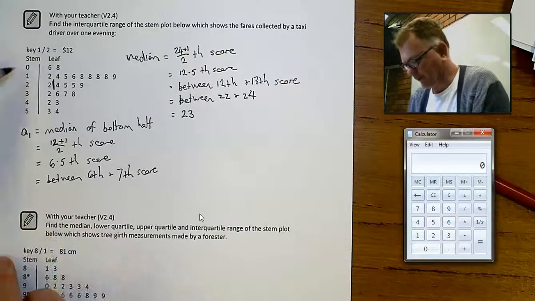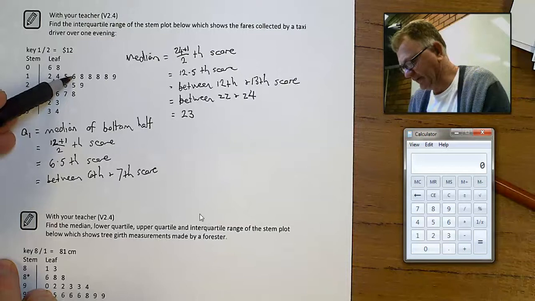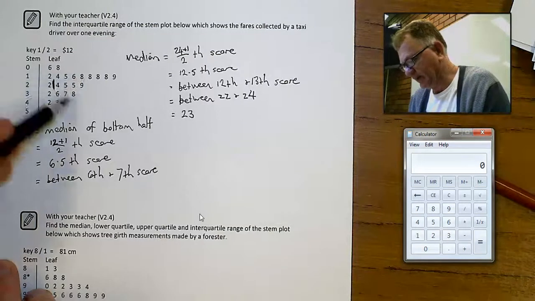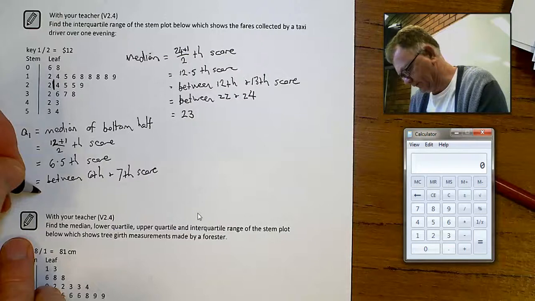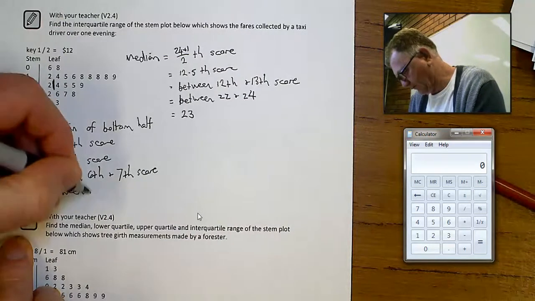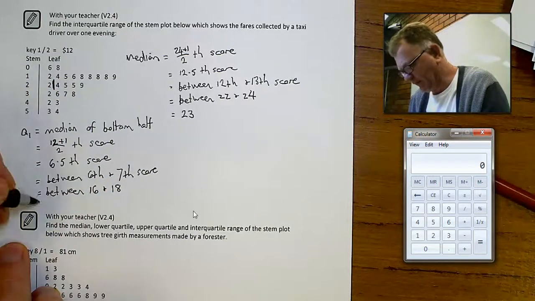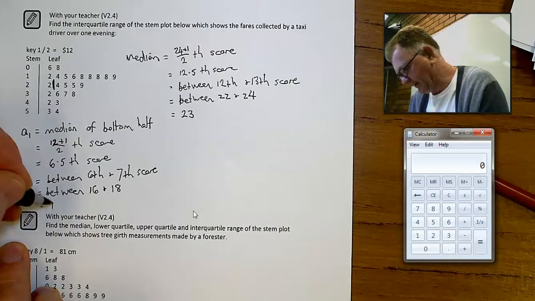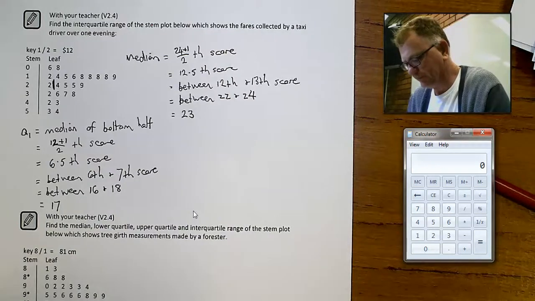Now, we can just count them up. 1, 2, 3, 4, 5, 6, and 7. So it's between 16 and 18. And between 16 and 18 is 17. So the lower quartile is equal to 17.